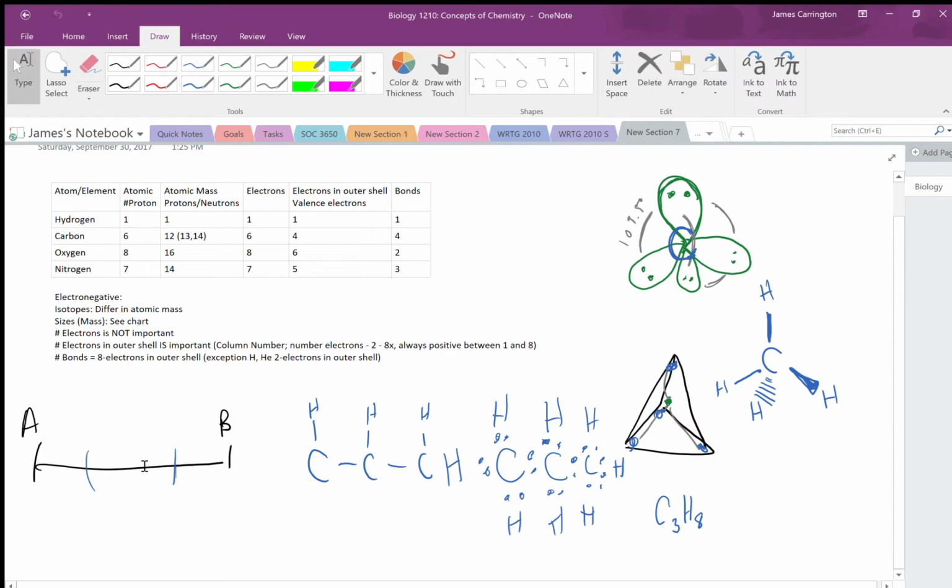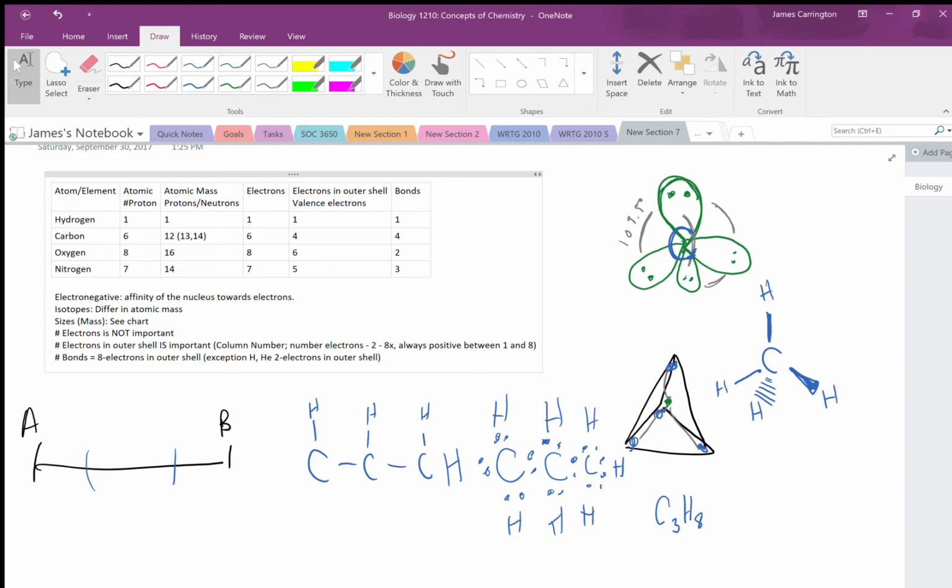And where they're found on there is determined by this electronegativity. So electronegativity is the affinity of the nucleus towards electrons.